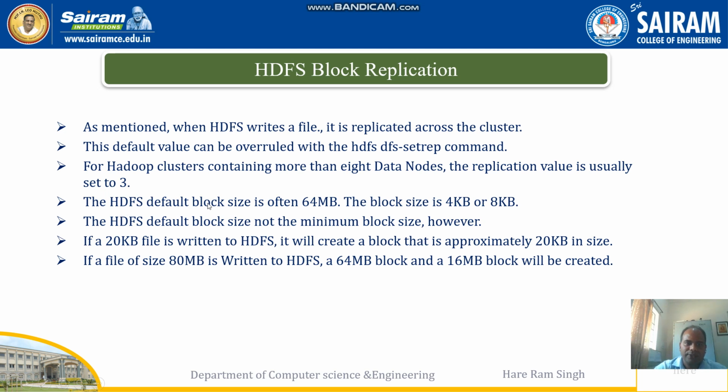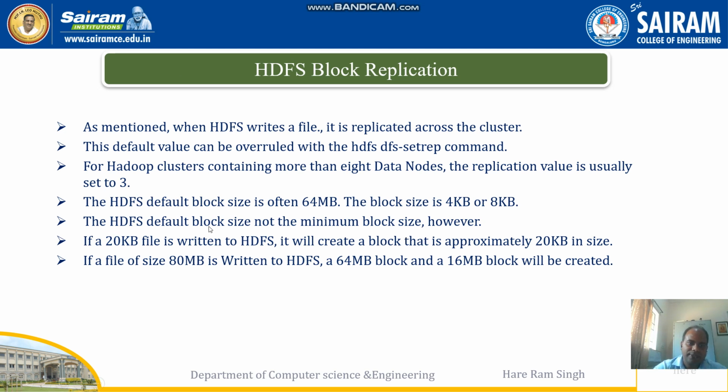The HDFS default block size is often 64 MB. The block size can also be 4 KB or 8 KB. So generally, the block size of the data will be 64 MB, but it can also be 4 MB, 4 KB or 8 KB.